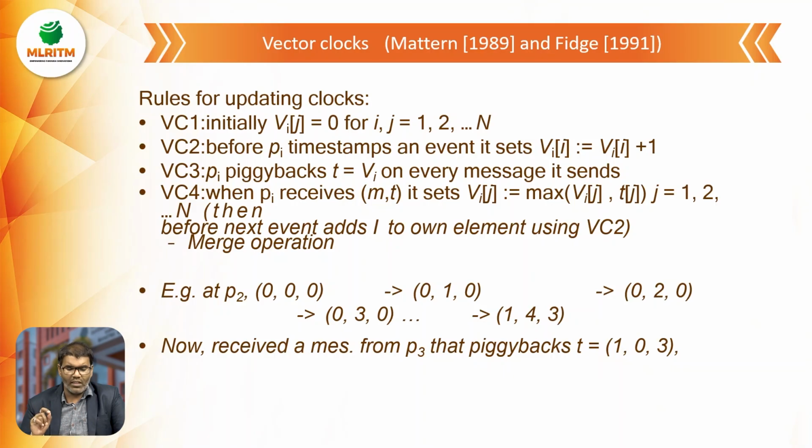Next point is vector clock 2. Before process Pi timestamps an event, it sets Vi[i] equal to Vi[i] plus 1.